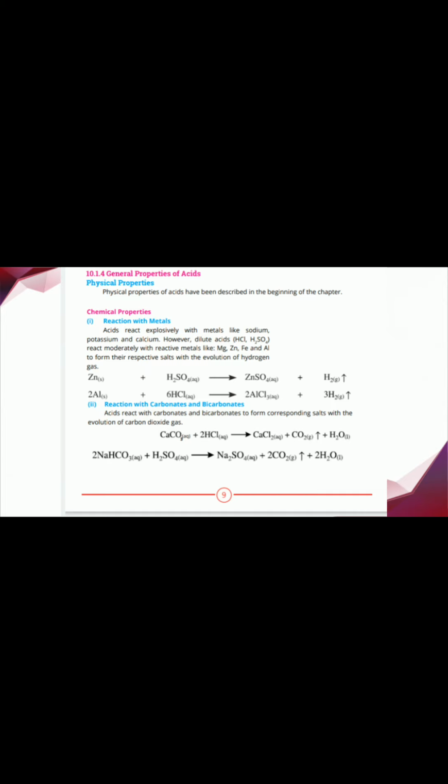Sodium bicarbonate reacts with sulfuric acid, then first sodium sulfate will form, carbon dioxide gas evolves out and water will produce.